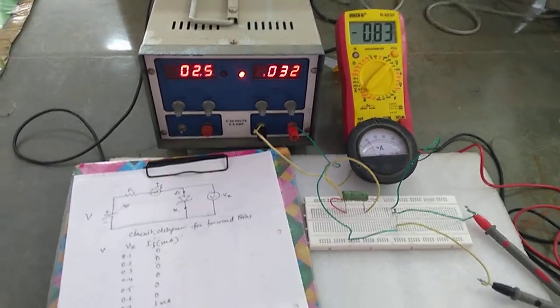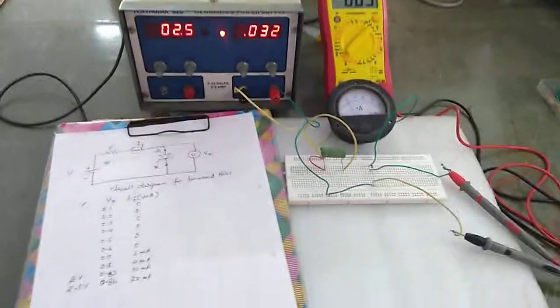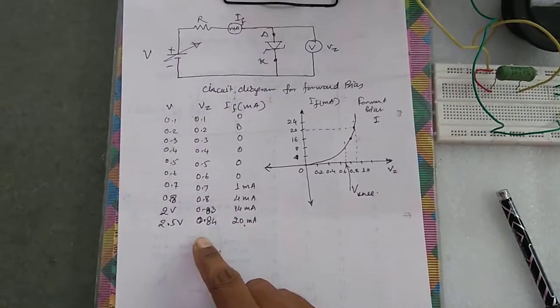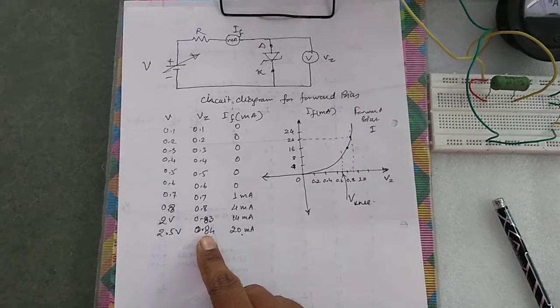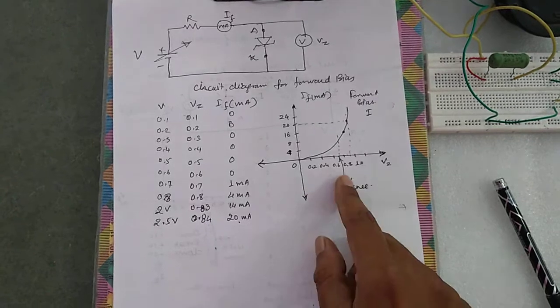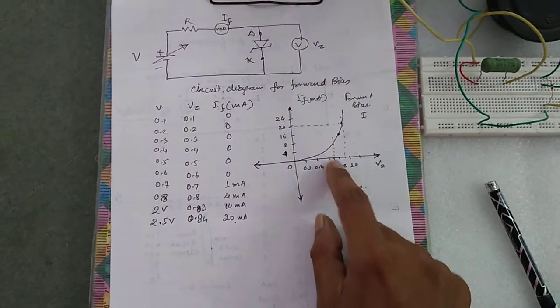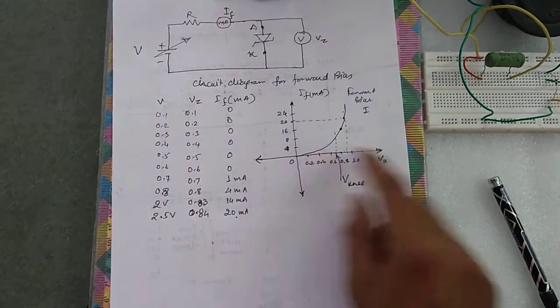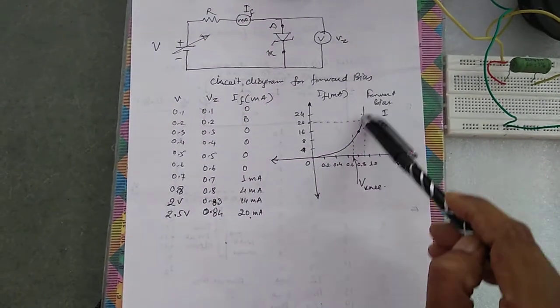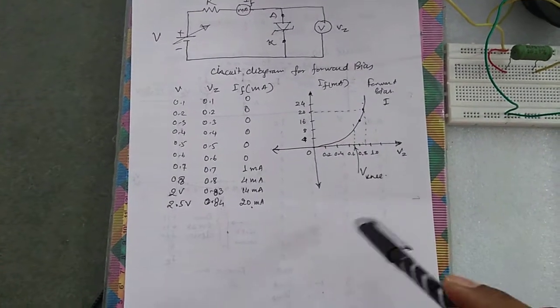Now let us plot the forward bias characteristics. Using this observation table, we have plotted the characteristics. After the knee voltage, there is a sharp increase in the current. These characteristics are similar to that of our ordinary semiconductor diode.